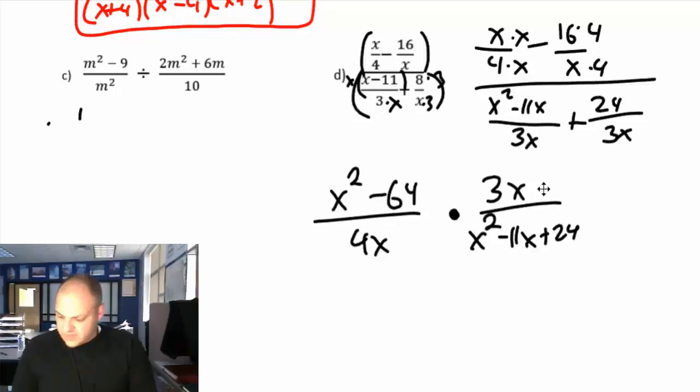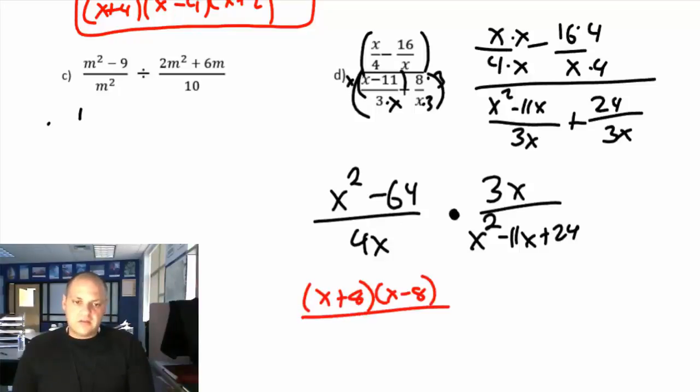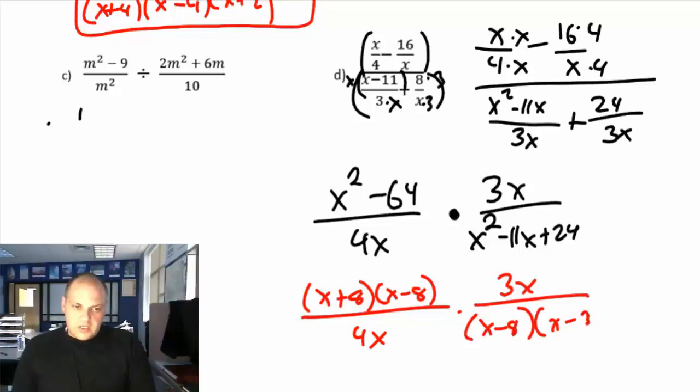All right, so I think that works good. Yes, it does. Now I'm ready to factor: x plus 8, x minus 8, 4x, 3x, x minus 8, x minus 3.